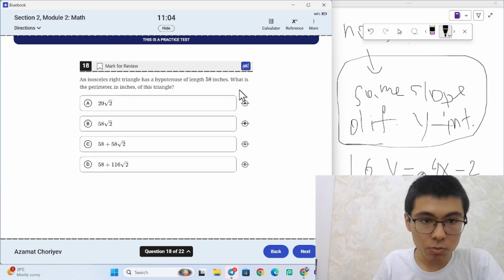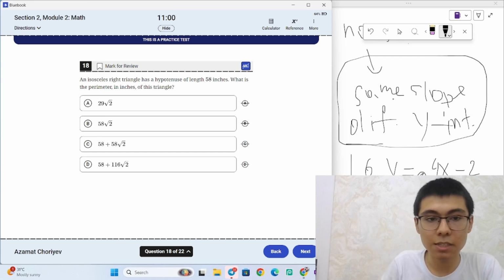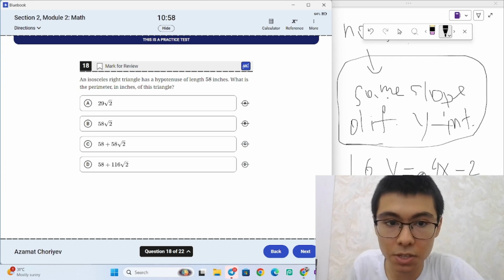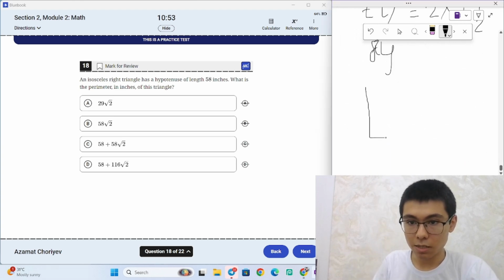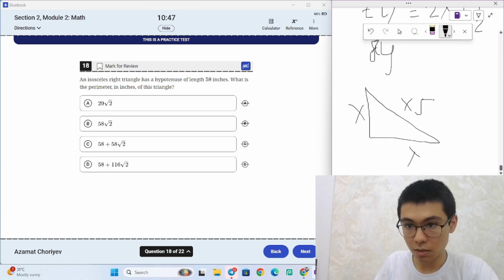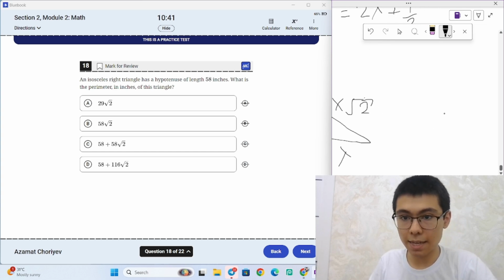An isosceles right triangle has a hypotenuse of length 58 inches. What's the perimeter in inches of this triangle? So an isosceles right triangle looks something like this. This side is x, this side is x, and this one is x times the square root of 2. So the hypotenuse is 58.